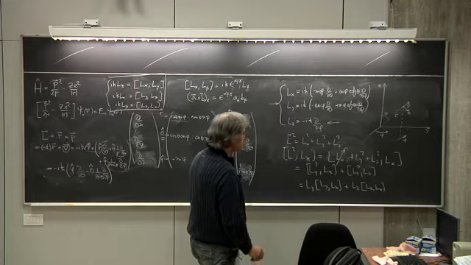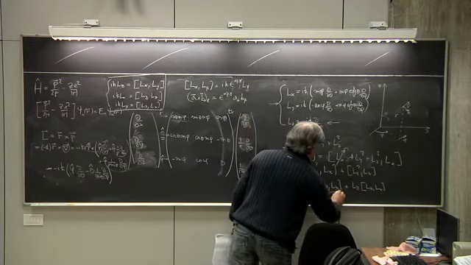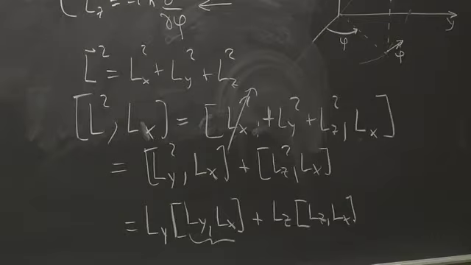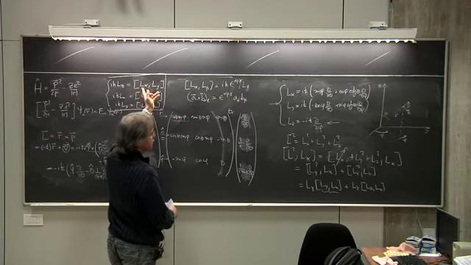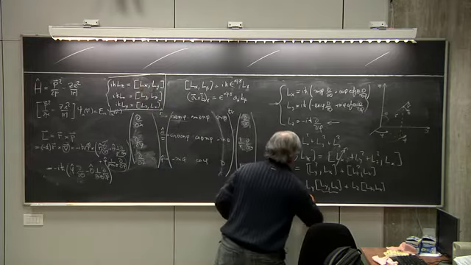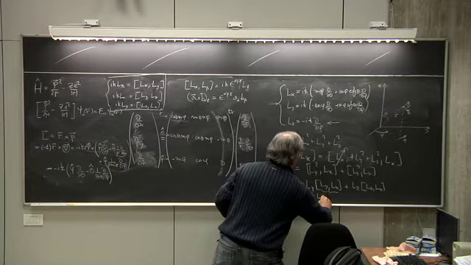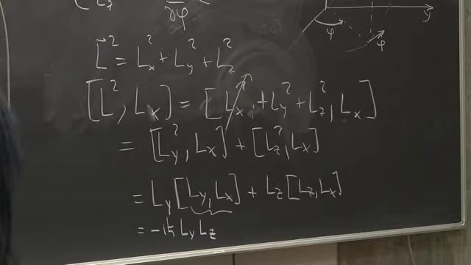Now, this object here is essentially this, just turned. So there is a minus sign. So this is minus i h bar Ly Lz. Okay?